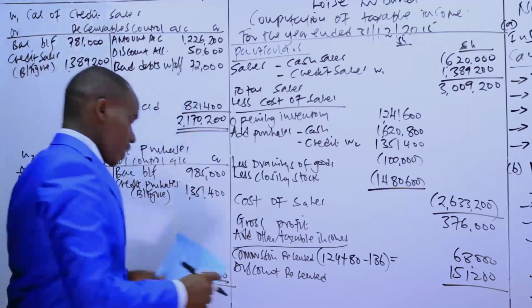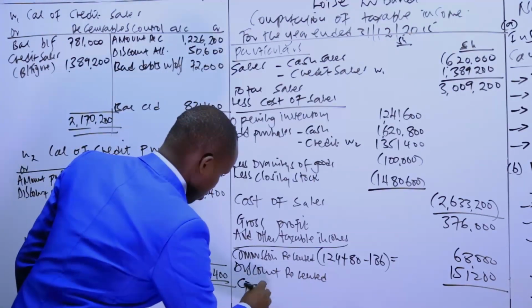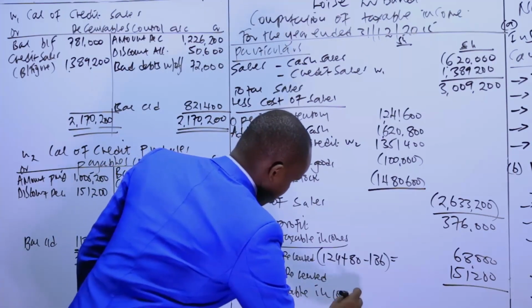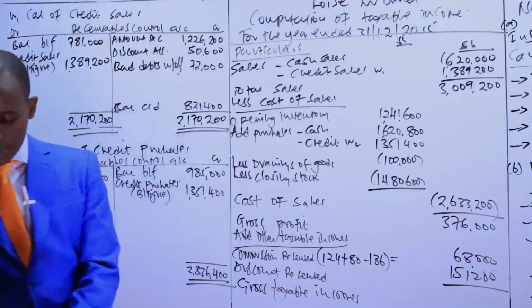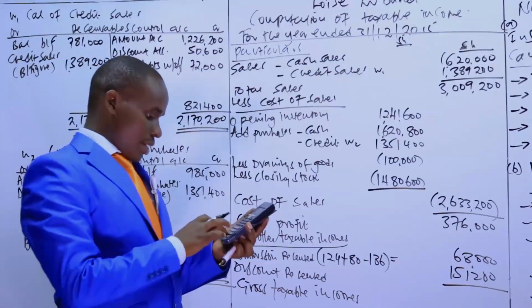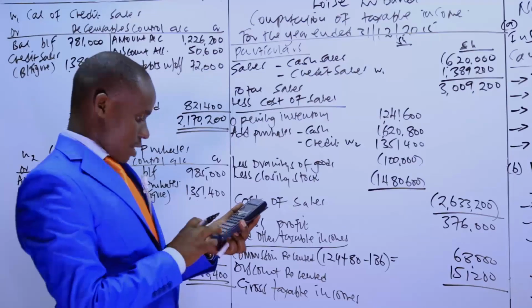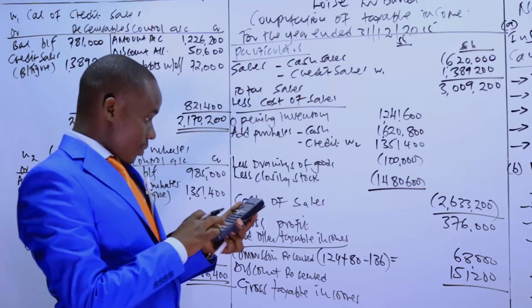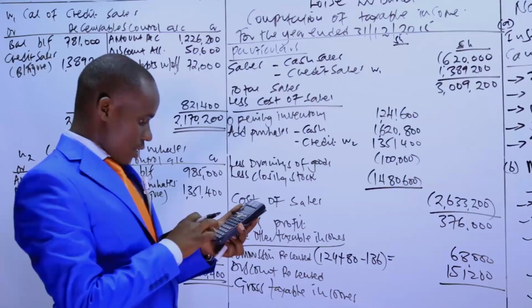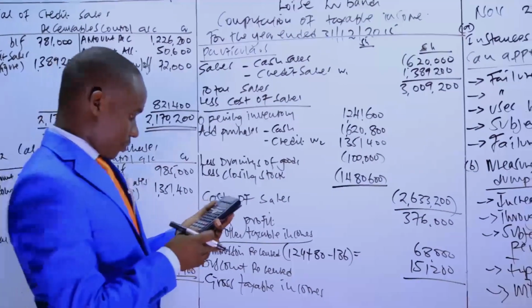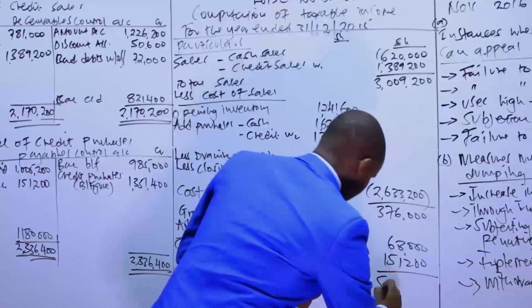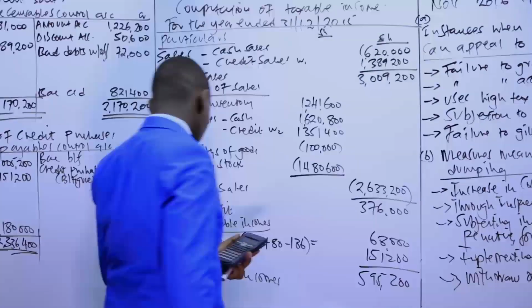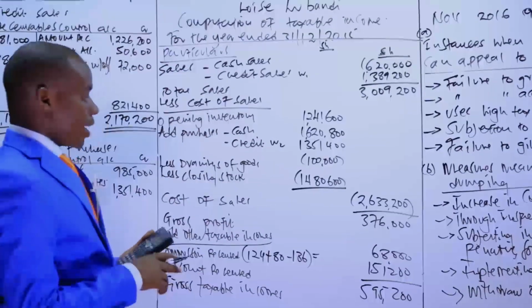So we get now gross taxable incomes. Gross taxable incomes is equal to 376,000 plus 68,000 plus 151,200. You get 595,200.